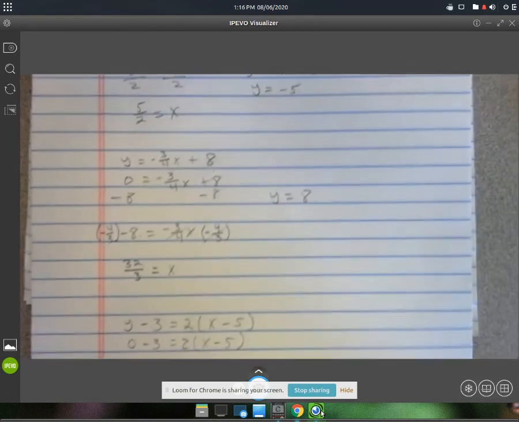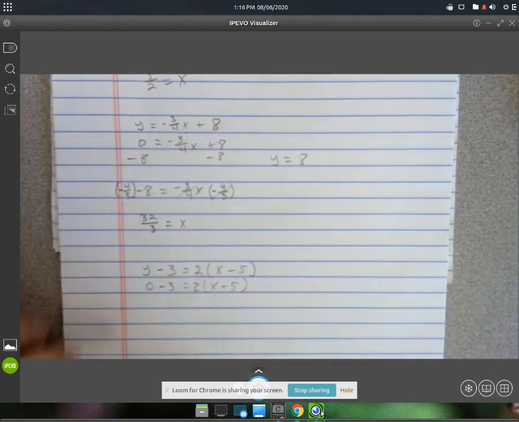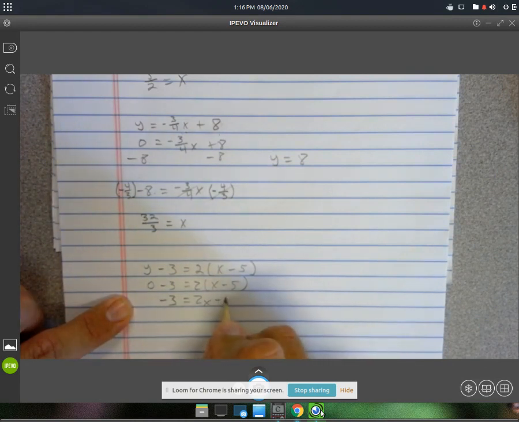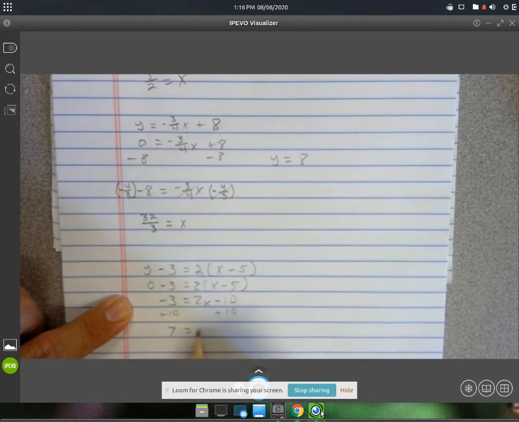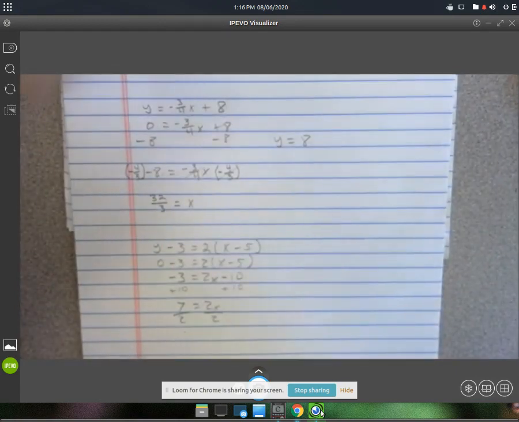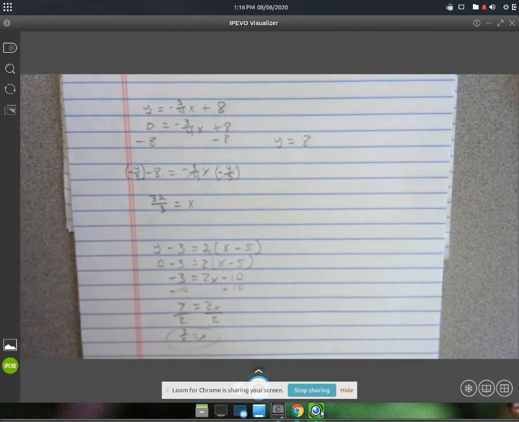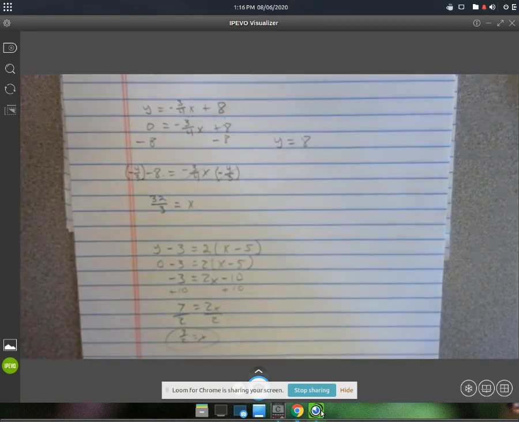So we'll have -3 equals 2x minus 10. Add 10 to both sides, and you'll get 7 equals 2x. Divide both sides by 2, and 7 over 2 equals x. That's your x-intercept.